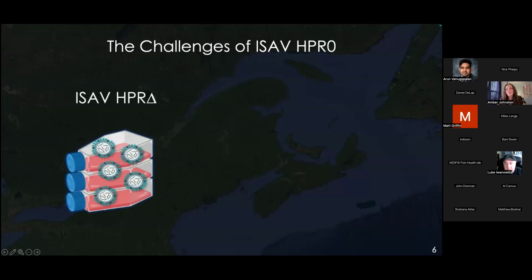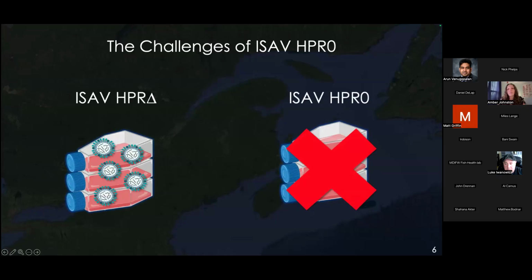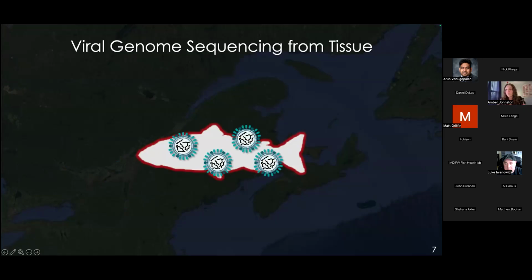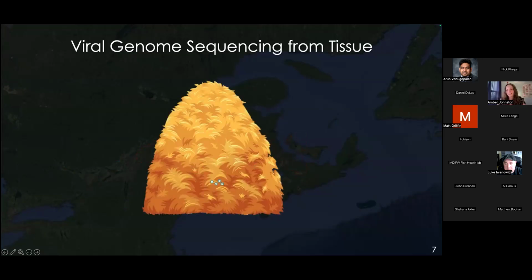So there are a couple of things inhibiting how we can study this phenomenon. While we're able to grow boatloads of HPR-deleted isolates under in vitro culture conditions, we are not afforded that same luxury with HPR0, meaning that it's challenging to do any in vitro or in vivo studies with ISAV HPR0 without an HPR0-positive fish. So say we have an HPR0-positive fish, even if the tissue carries a high virus load, which is very rare for an HPR0 infection, when you go to sequence, finding that small bit of viral RNA in host tissue is essentially like finding a needle in a haystack.